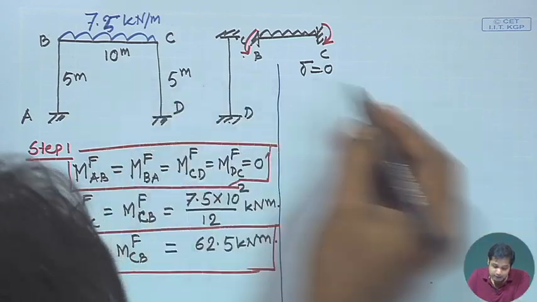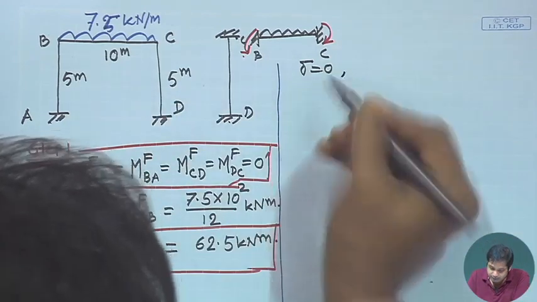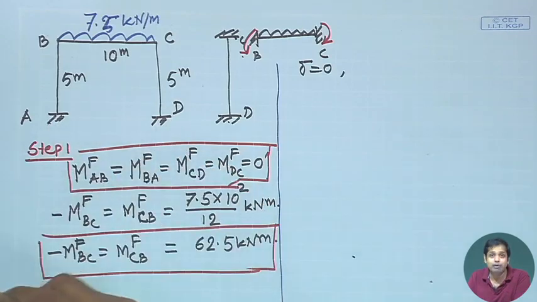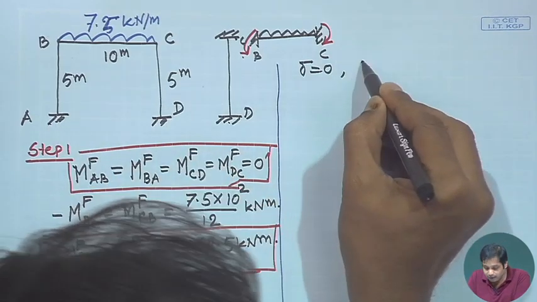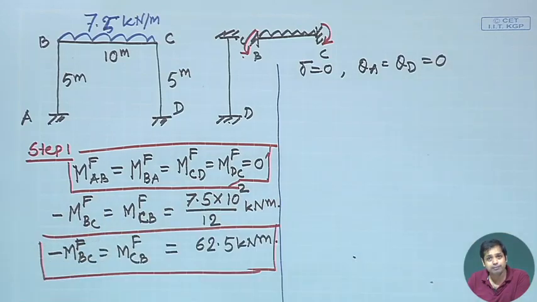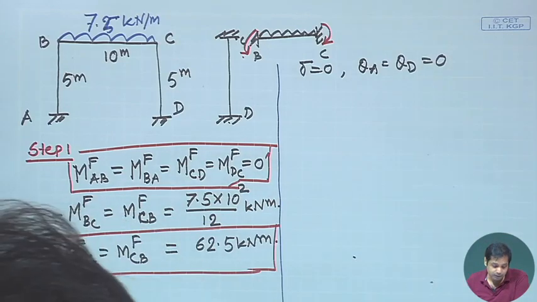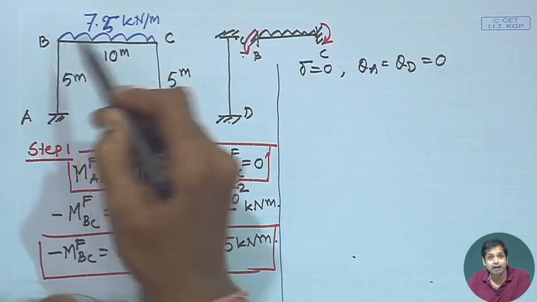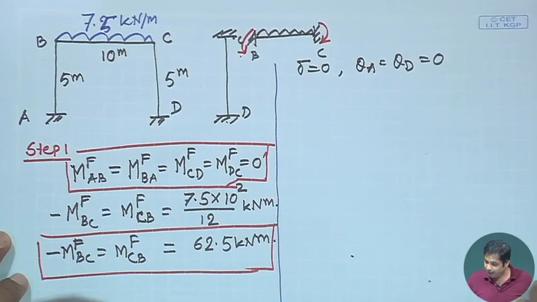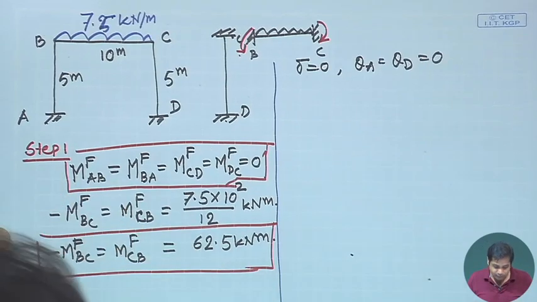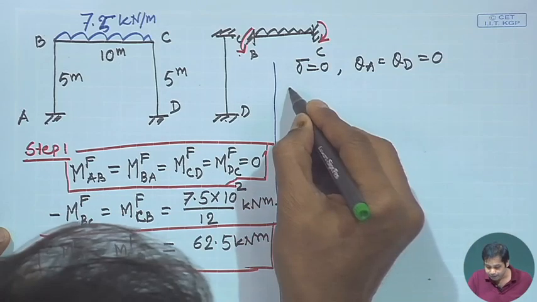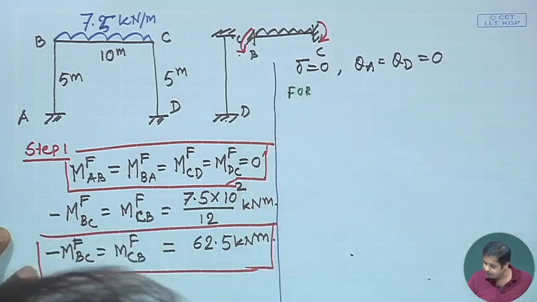In this case delta is equal to 0. Also, supports A and D are fixed supports, so theta A and theta D are equal to 0. The only unknowns are the rotation at B and the rotation at C. So let us apply the slope deflection equation for span AB. This is step 2.